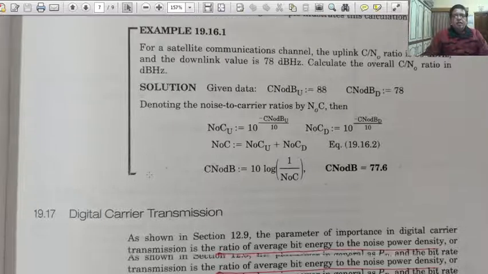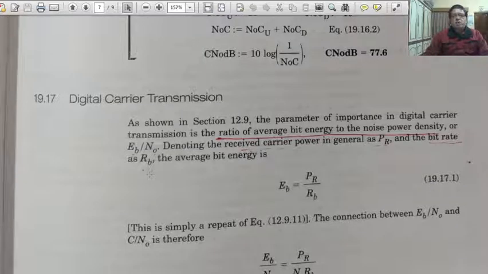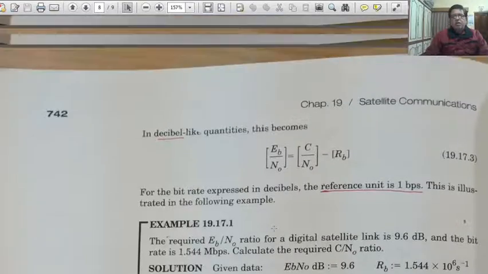And after that, an article related to digital carrier transmission is given.